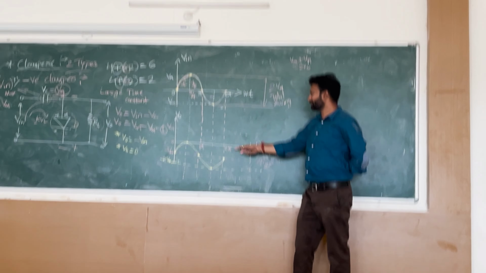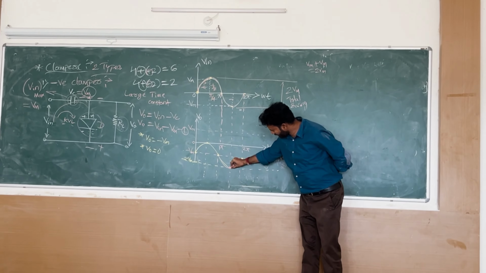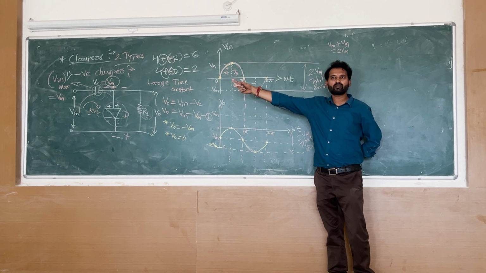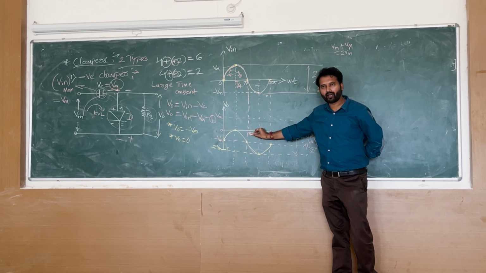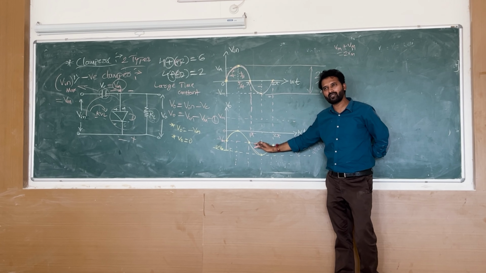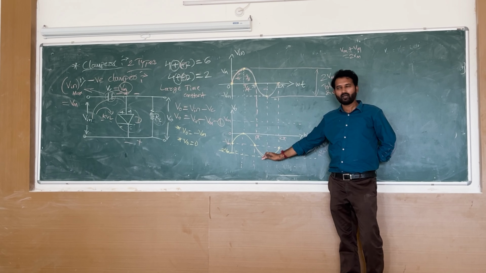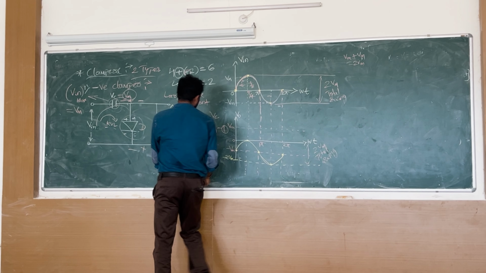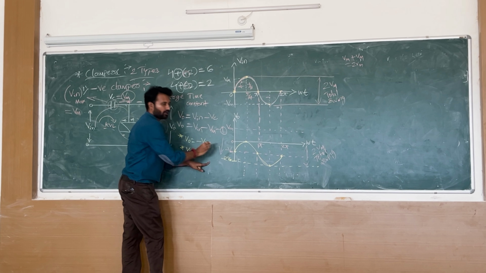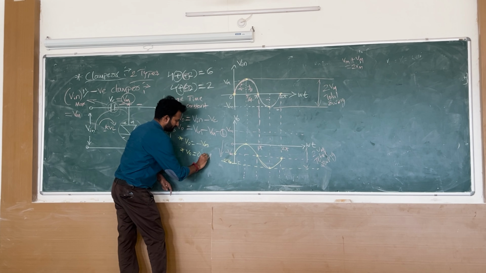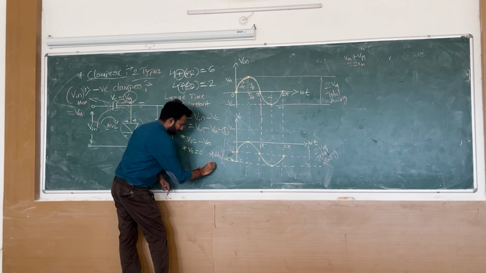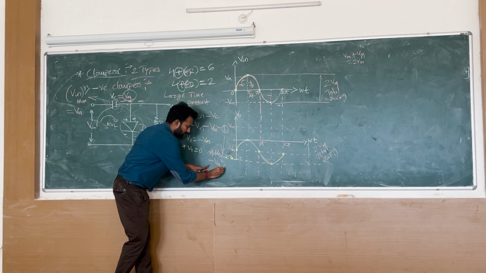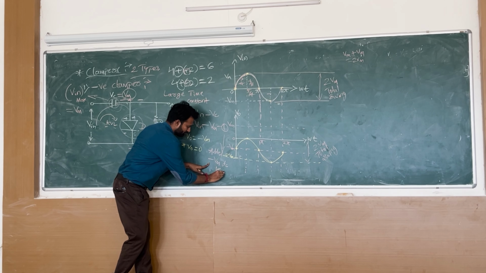Now what did you understand by this output? What is the heading? Negative clamper. So a negative clamper will clamp the negative portion. Understandable? Now previously it was here. What we have done, we need to write like this: we have added a negative portion, Vm, adding the minus Vm DC level.